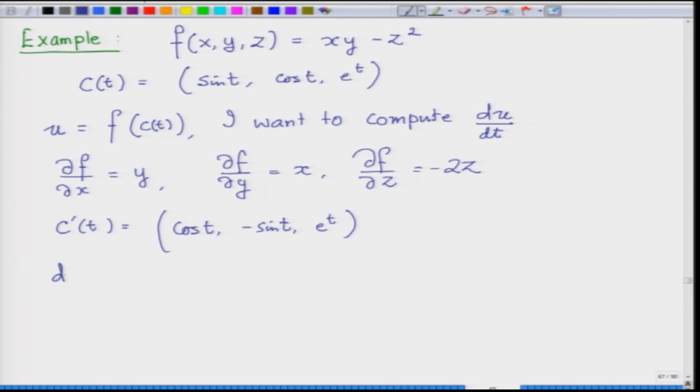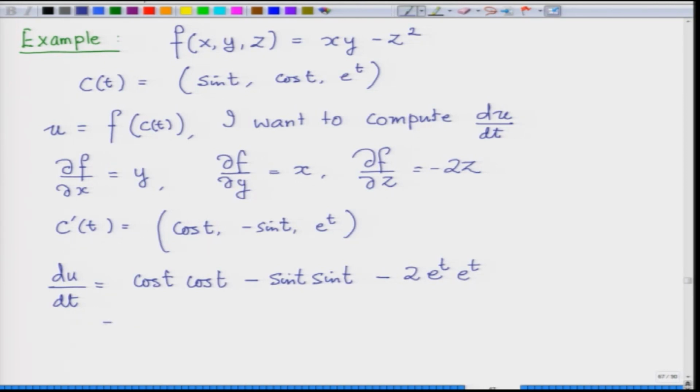So, du/dt, when I take the inner product, what do I get? In place of y, I put cos t, so it becomes cos t times cos t. Then I put x as sin t times minus sin t, because they are evaluated at the point c(t), and then I put e^t, which becomes minus 2 e^t times e^t.